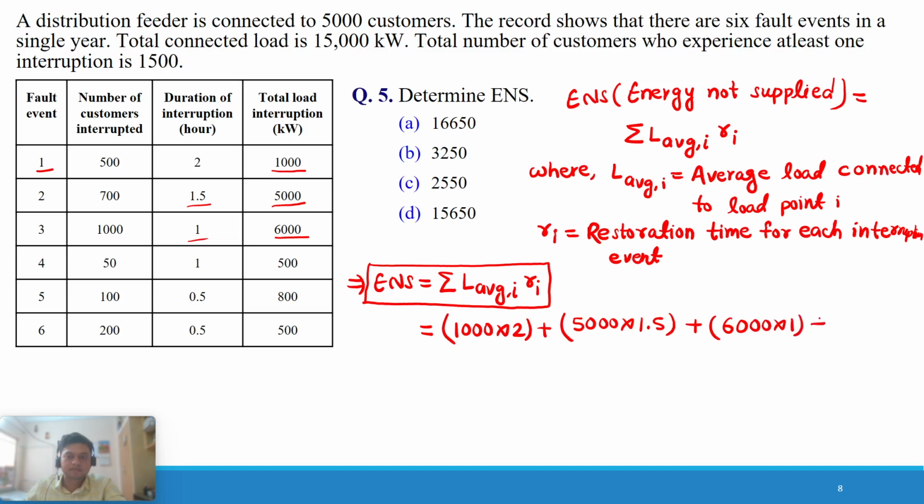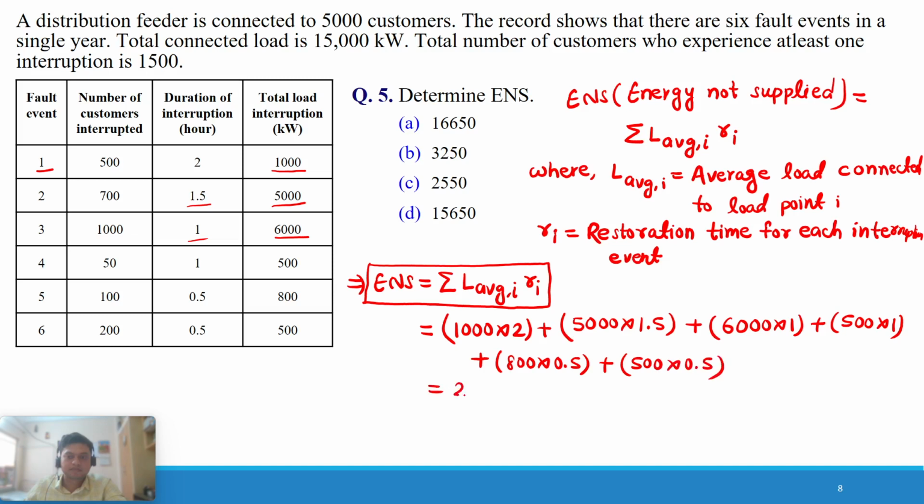Consecutively, for the fourth fault event 500 into 1 plus 800 into 0.5 plus 500 into 0.5.